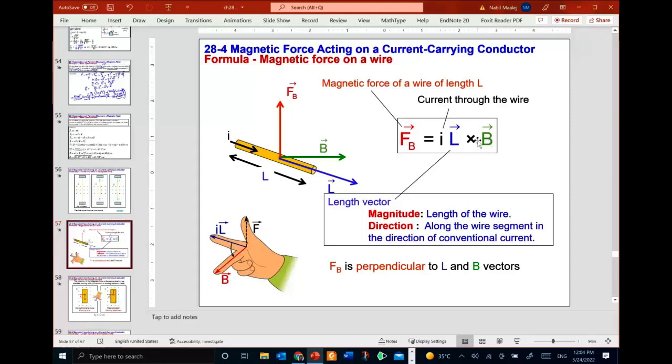You point the first vector L along your index finger, the second vector, the magnetic field B, along the middle finger. The force will be given by the thumb. So this is the right hand rule, and you can use it to determine the force.